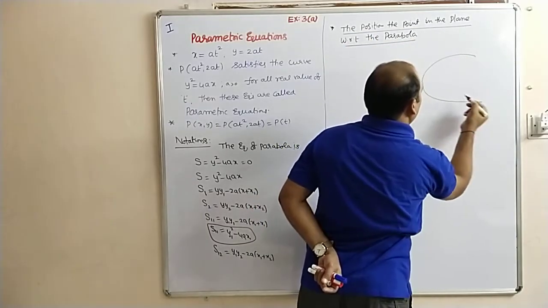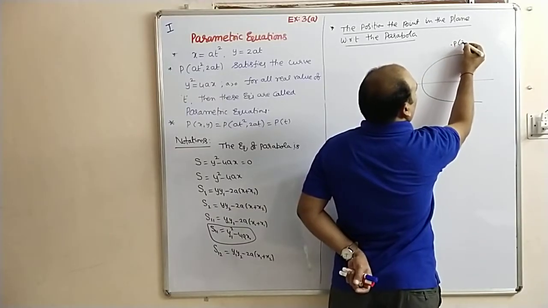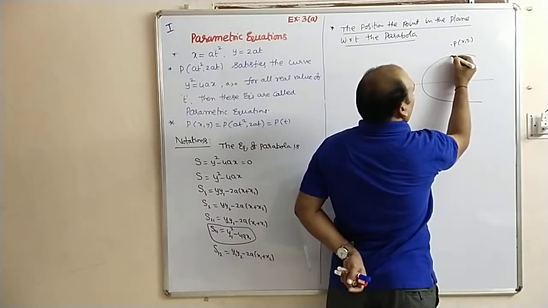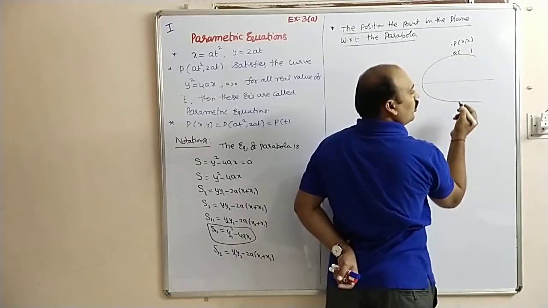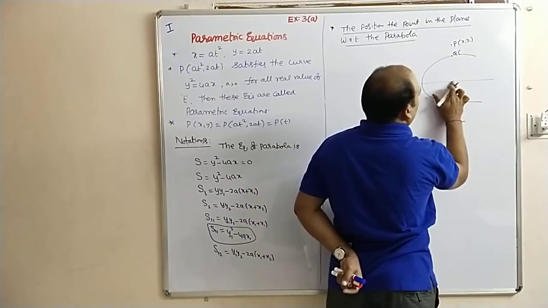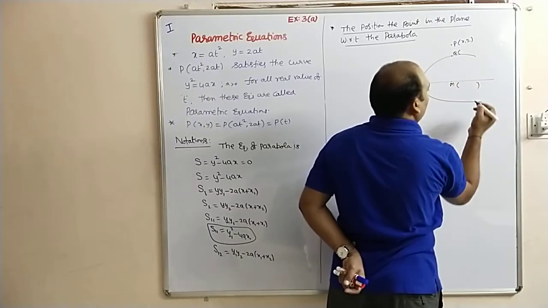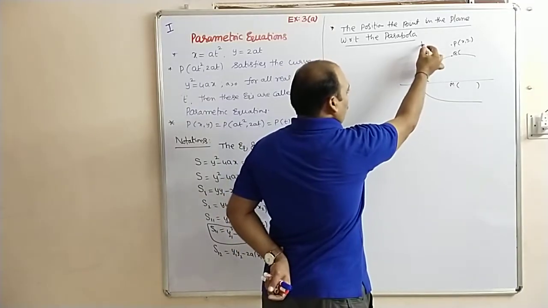So here this is the parabola curve. Here I am taking the point P, x1, y1, and another point I am taking Q. We don't know its coordinates, we are going to get them. And here is some other point. This is the parabola curve.